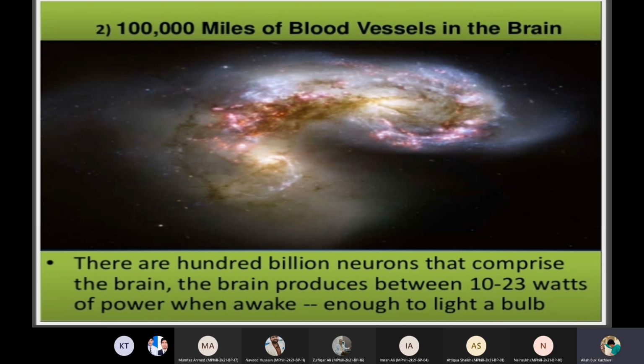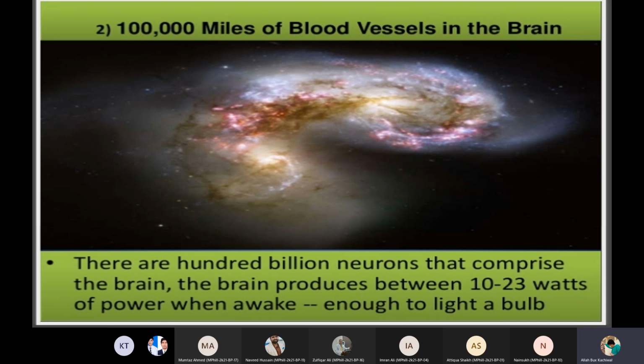The brain has 1 lakh miles of blood vessels. There are 100 billion neurons that comprise the brain.